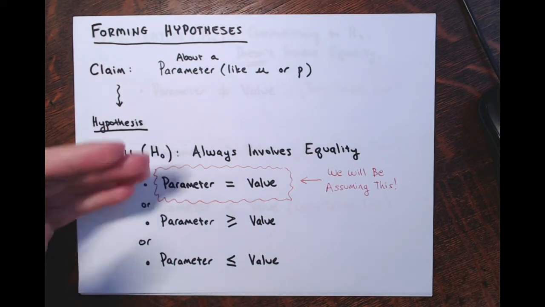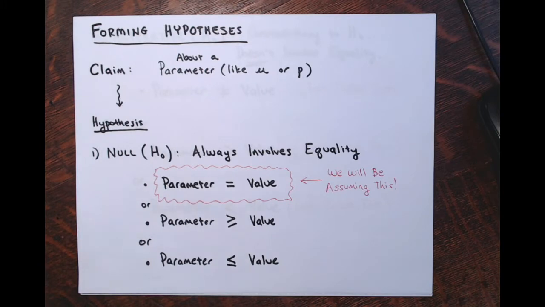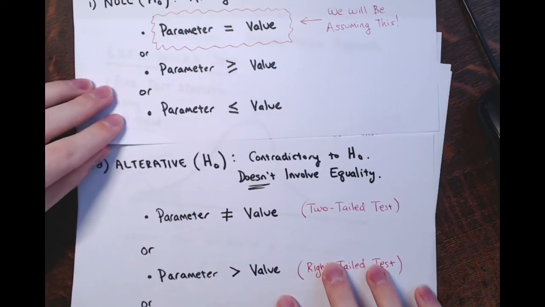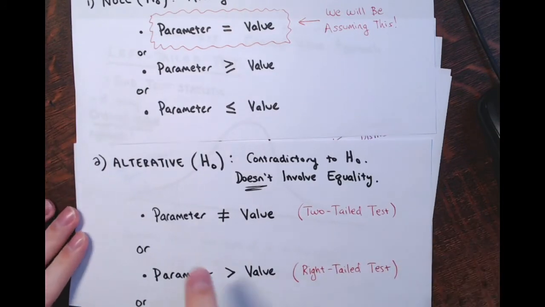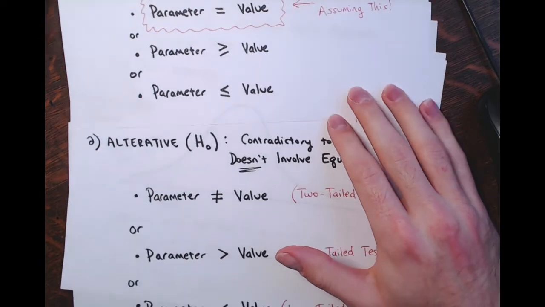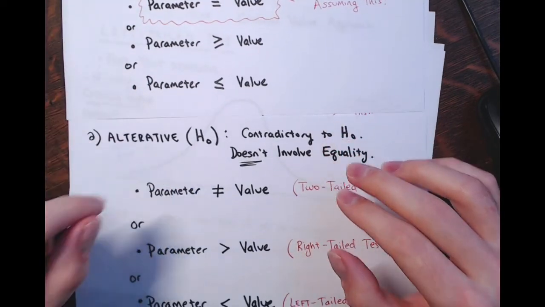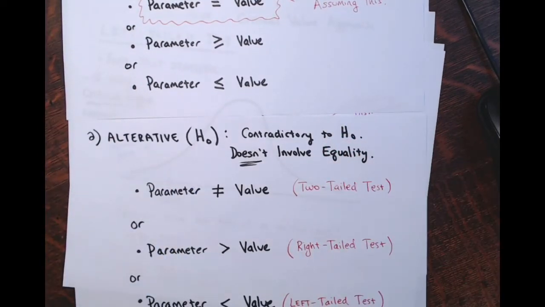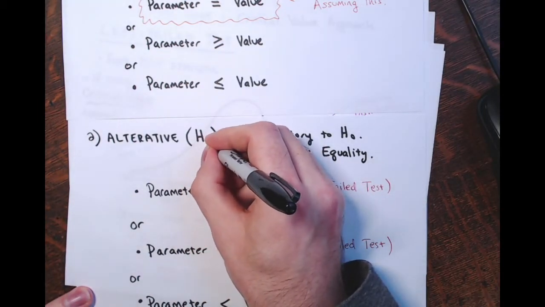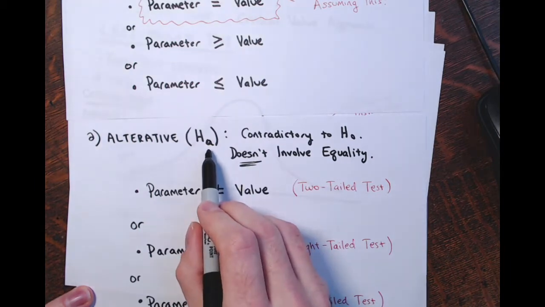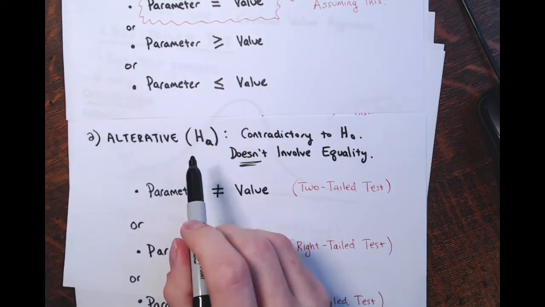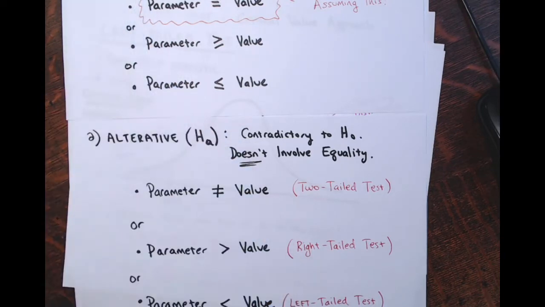The opposite of this, the contradiction, the negation, is the alternative hypothesis. The second hypothesis formed after some claim is made about a population parameter is the alternative hypothesis. It's usually labeled H sub a, a lowercase a, or in some books H1, because the null hypothesis is H0.